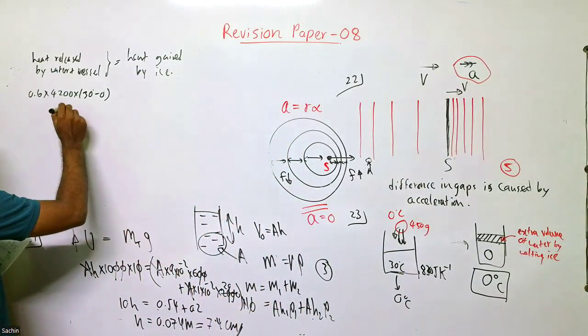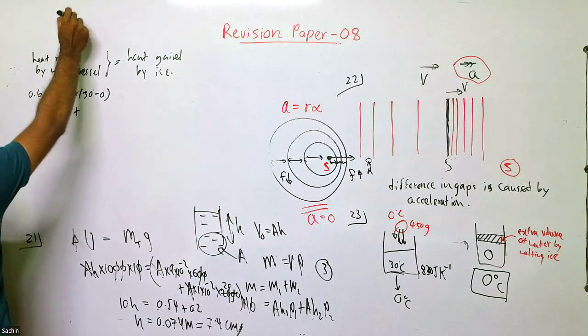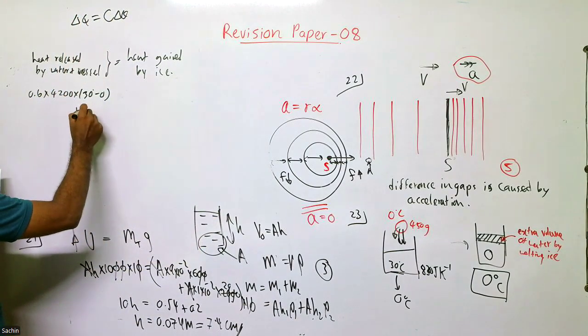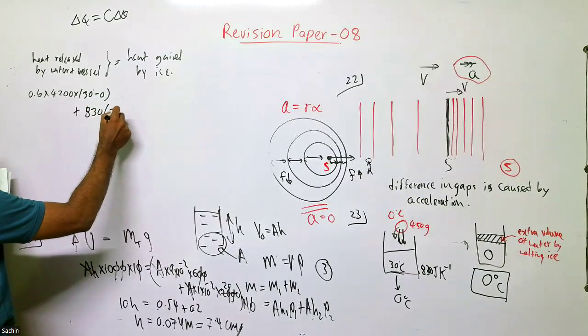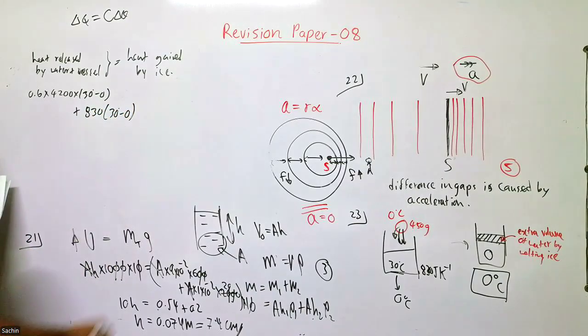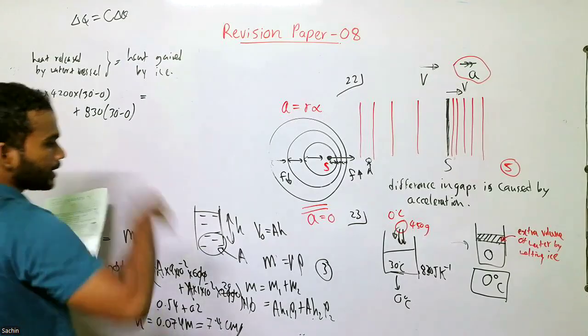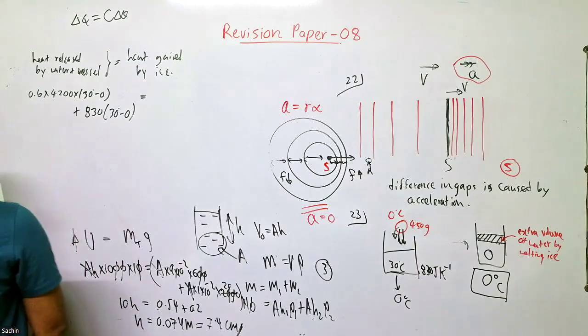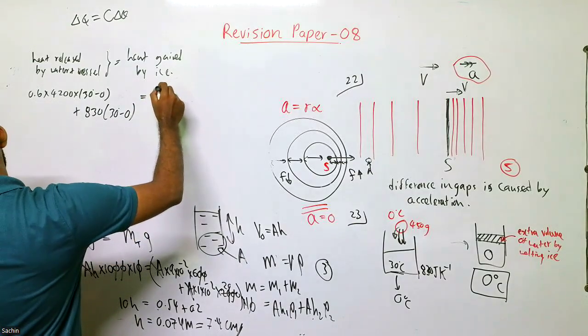So when the heat capacity is mentioned, delta Q is given by C delta theta, 830 times 30 minus 0, is equal to the heat gained by ice. For a phase change, the heat is evaluated by m L.